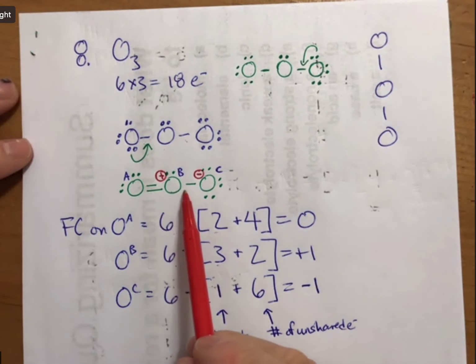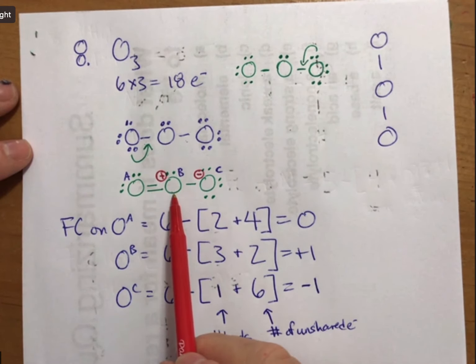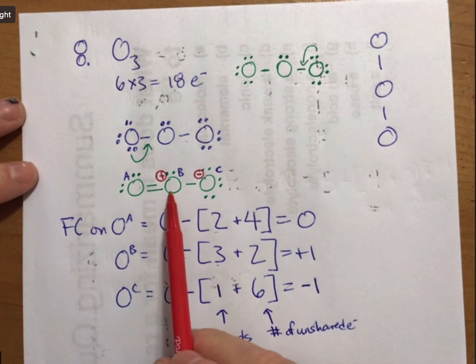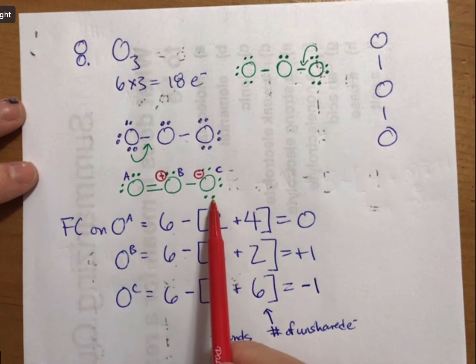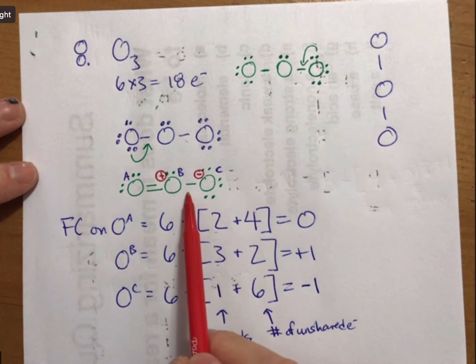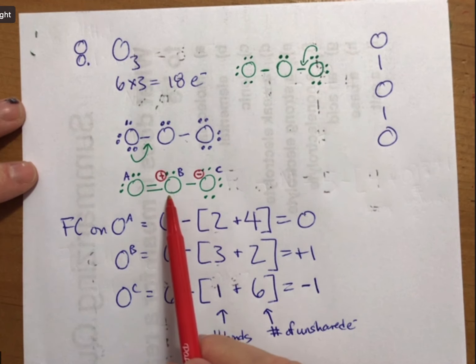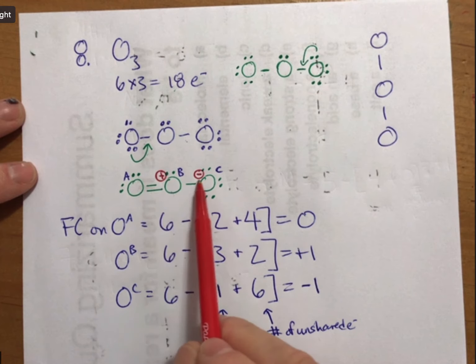Now, oxygen cannot have an expanded octet, right? If this was a sulfur, we would have a plus and a minus, and we would form another bond to get rid of these formal charges, because if this was a sulfur, you could have an expanded octet, and that would get rid of or minimize these 2 formal charges.